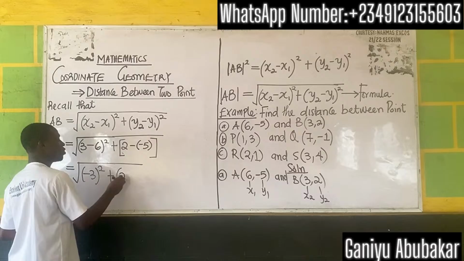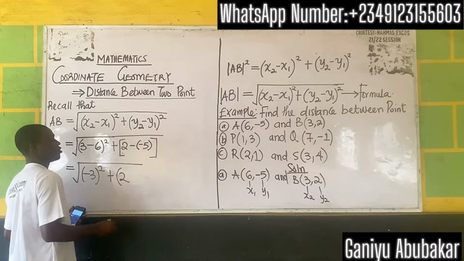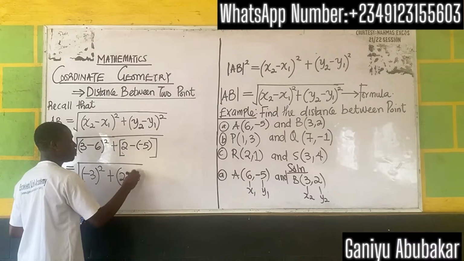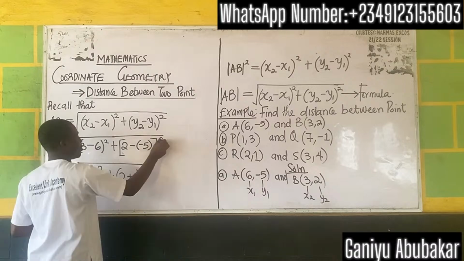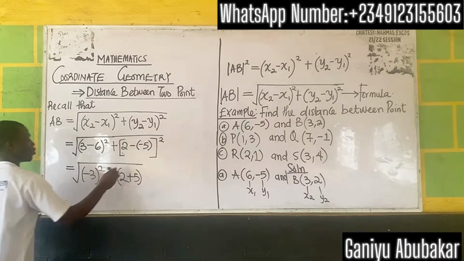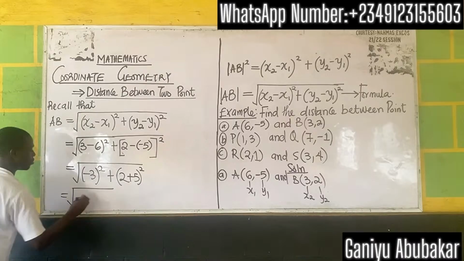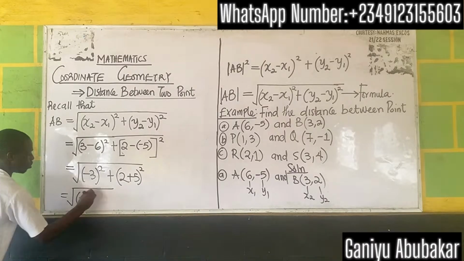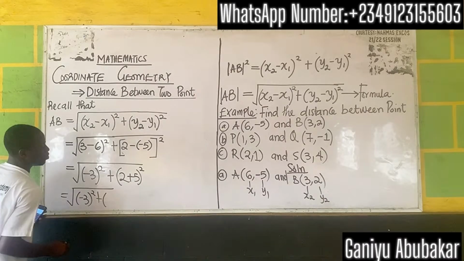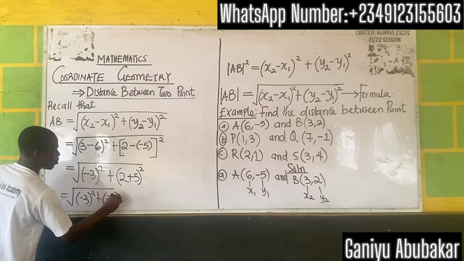Minus and minus gives you plus, right? That becomes plus 5, yeah? Don't forget to attach your square, please. So there should be a square. This gives you the square root of negative 3 all squared plus 7 squared.